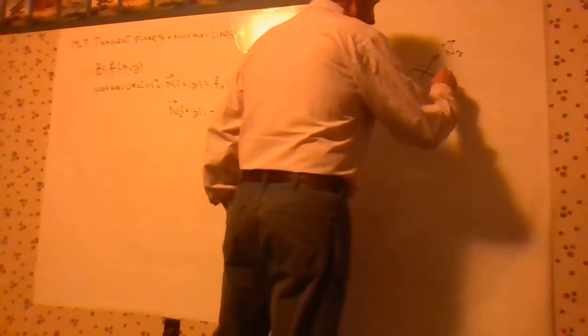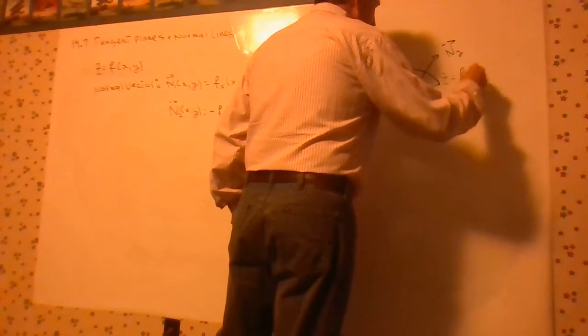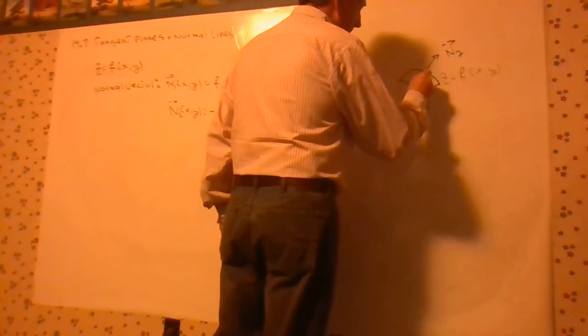If we have a surface, z equals f of x, y, we can construct a normal vector. This would be perpendicular to a tangent plane. That's a normal vector, in two different ways.